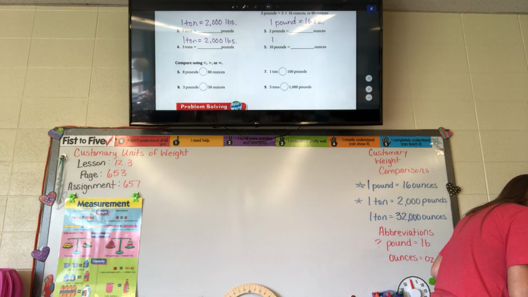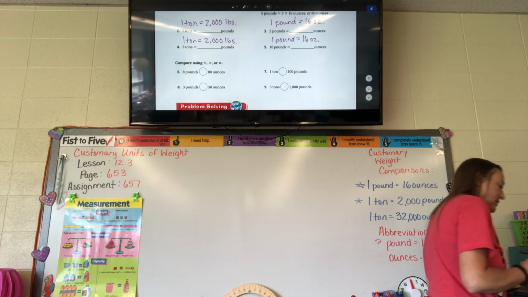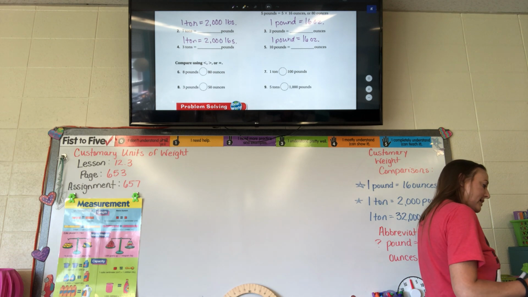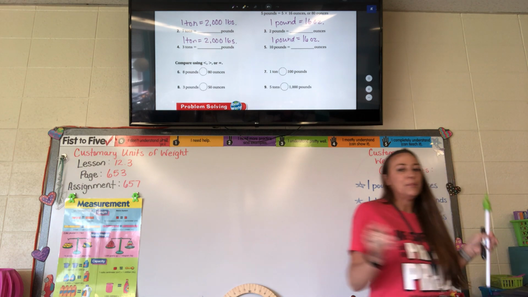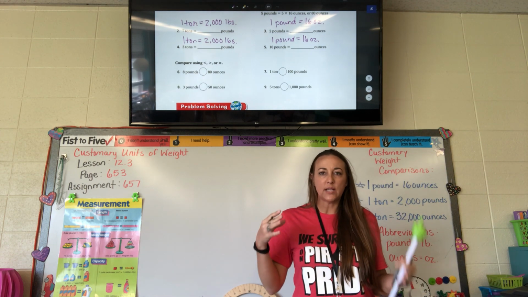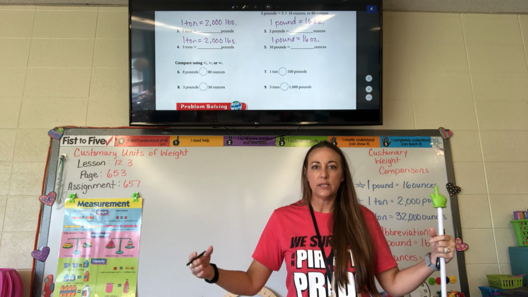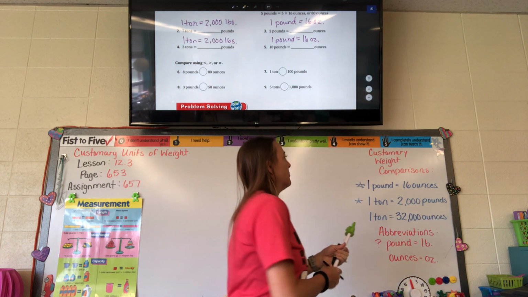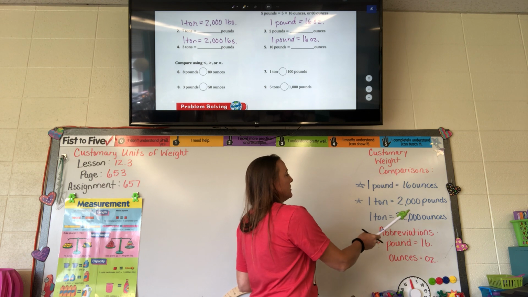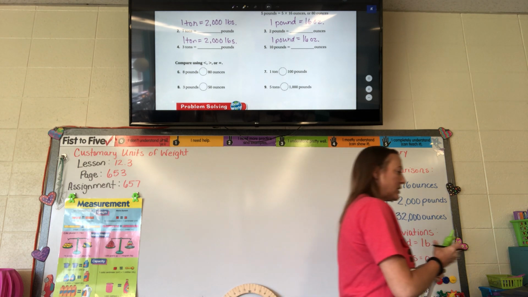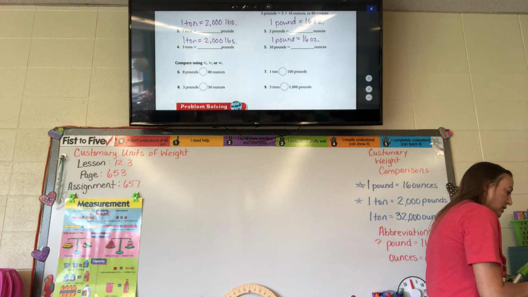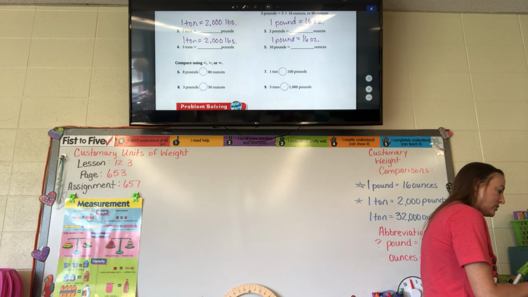1 pound equals 16 ounces. And then on 6, 7, 8, and 9, you're going to take the bigger measurement, whichever side it's on, so the bigger unit, which would either be pounds or tons, depending on what they're talking about, you're gonna convert those. So under 8 pounds, I'm gonna write ounces.